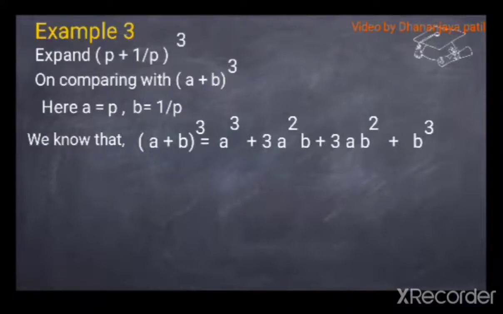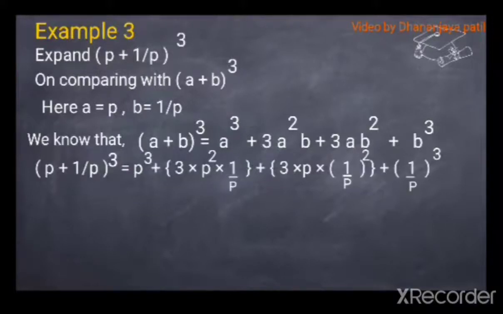After substitution we will get this step. Now this p cube will remain as it is. In the second term, p square into 1 upon p: one p will get eliminated and only one p will remain.